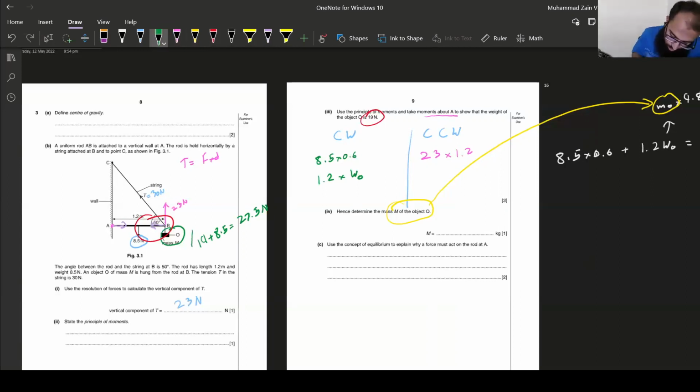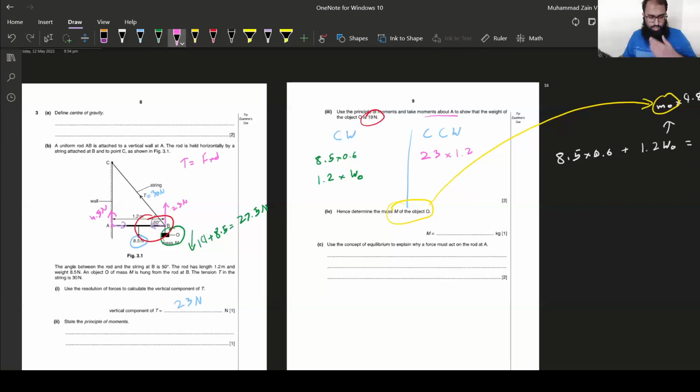The total downward force is 27.5, and the total upward force is 23 Newtons. So there is a resultant force downwards equal to 4.5 Newtons, which should be countered. So there should be an upward force of 4.5 Newtons as well. That's the reason why there should be a force.